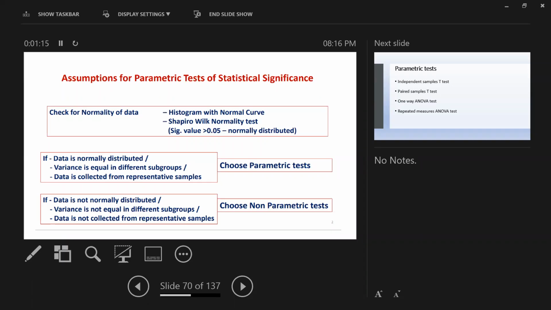Now, if the data is normally distributed and if the homogeneity of variance is assumed, we choose a parametric test. And if the normality is violated, or the data is not normal and the variance is not equal in different subgroups, that means homogeneity of variance is not assumed, in that case we have to choose a non-parametric test.